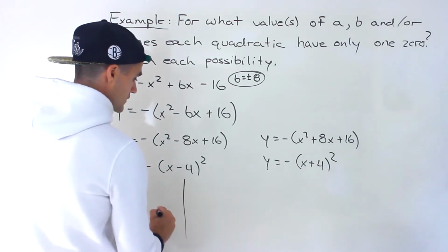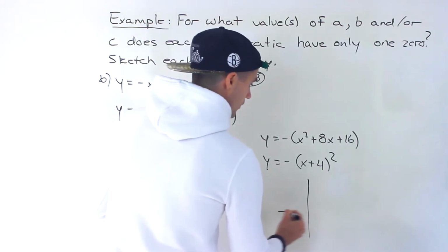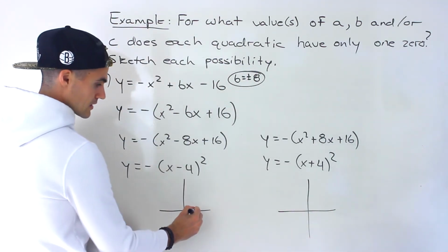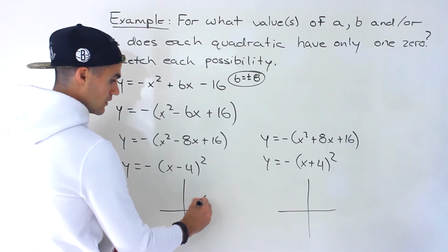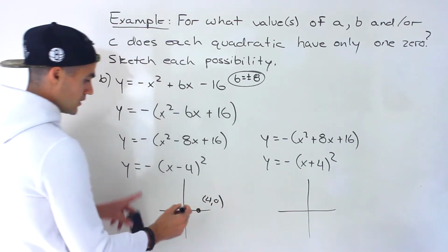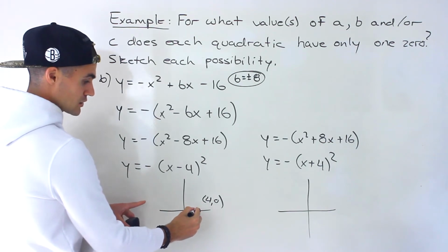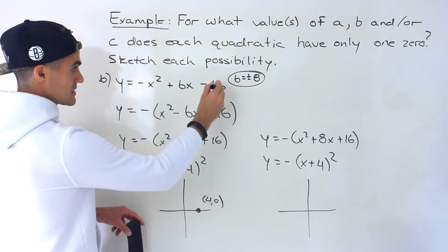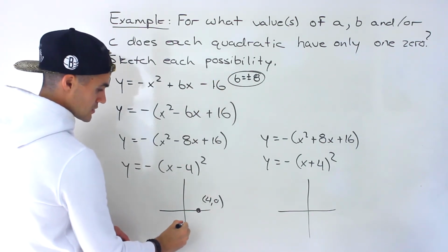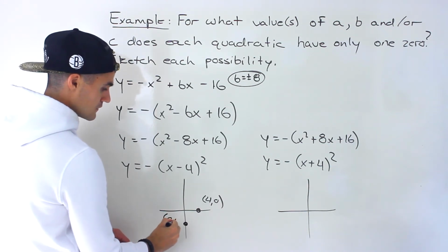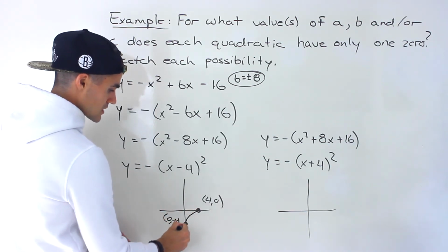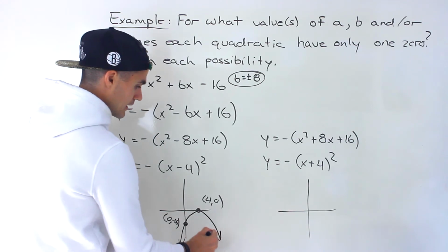And so how are both of these going to look? Well, notice that this one here is going to have a vertex at 4 and 0, but notice there's a negative in front. We have a negative a value, so it's actually going to be opening down. And then notice that the c value is negative 16, so it's going to go through 0 and negative 16. So it's going to look something like this.